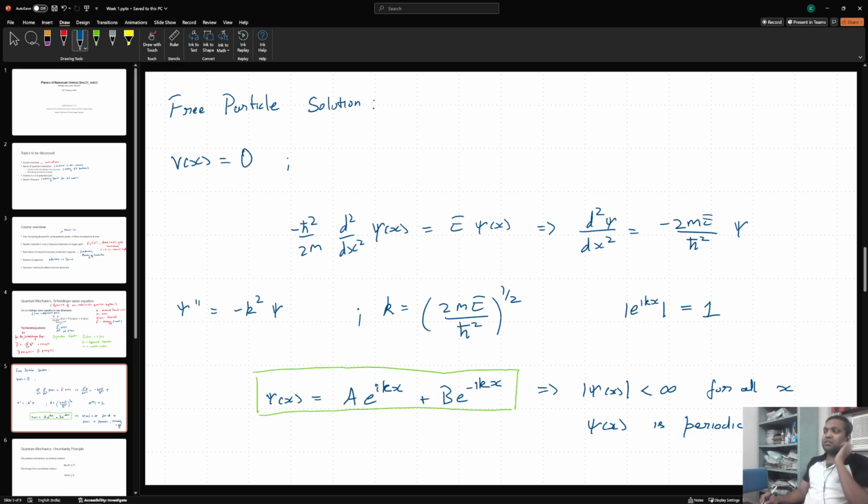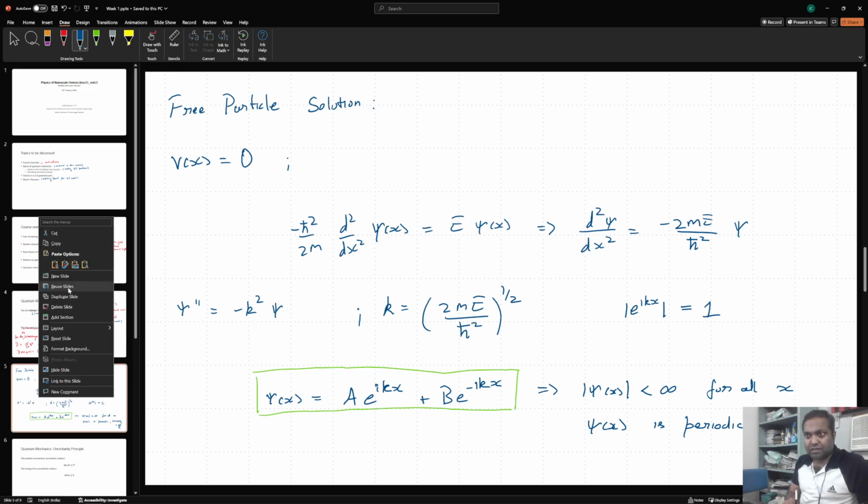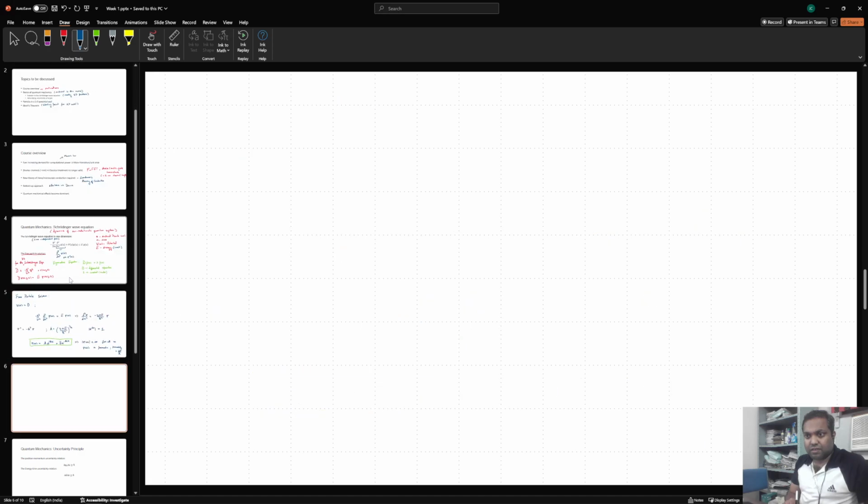Essentially, if I'm looking at the real part of this wave function, let me go to another slide, that'll make life easier. So if I look at the real part of e to the power ikx, that is nothing but cos kx.